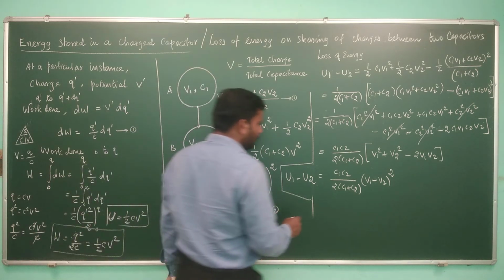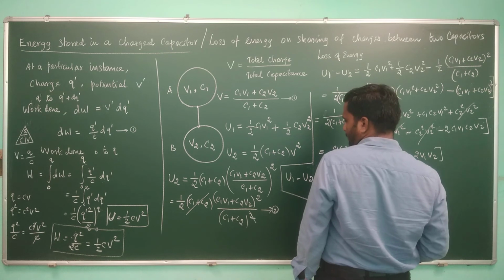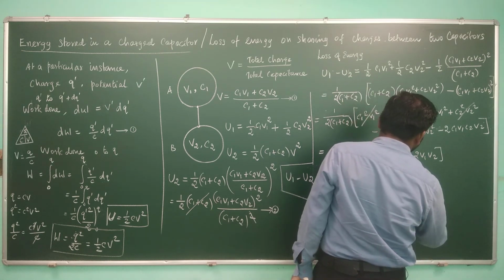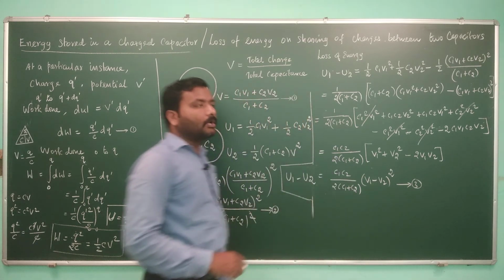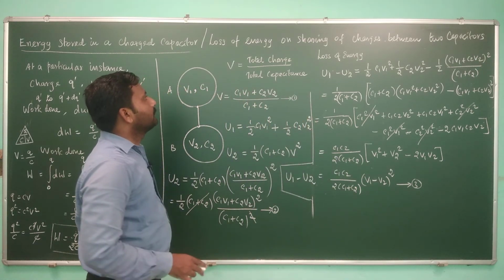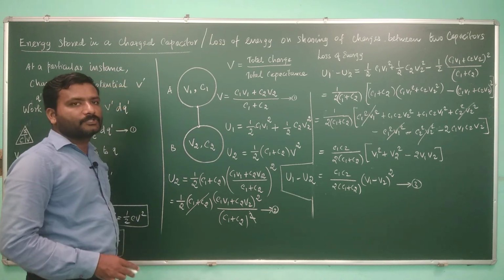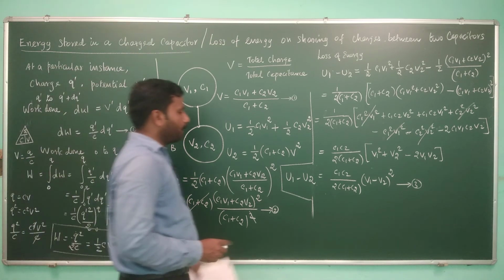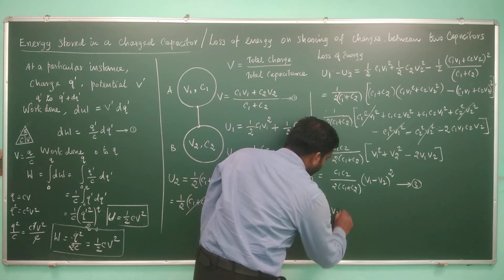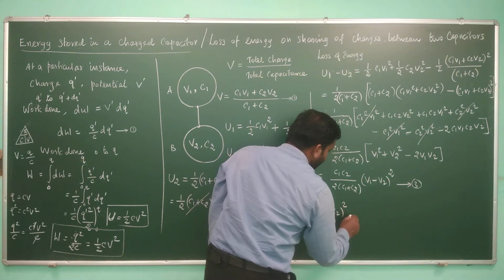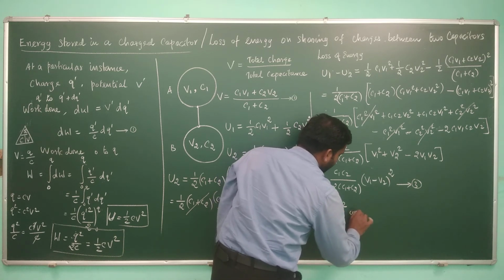Now you see in this equation, we can denote this as equation number 3. So this is the equation for loss in energy when the two capacitors are sharing their charges. See here, V1 minus V2 the whole square can never be negative.